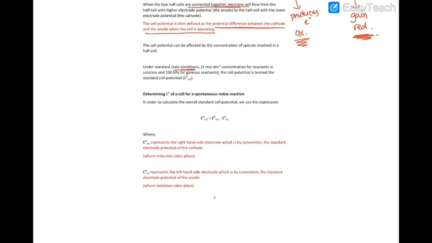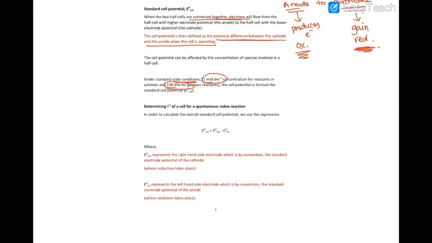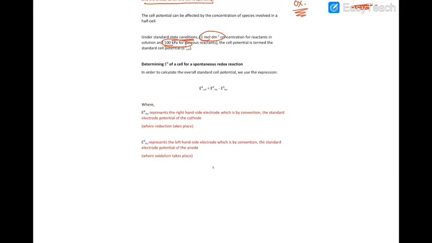So under standard state conditions, you need concentration to be 1 mole per dm cube for the reactants. The pressure should be 100 kilopascal, so that we can use standard electrode potential values.